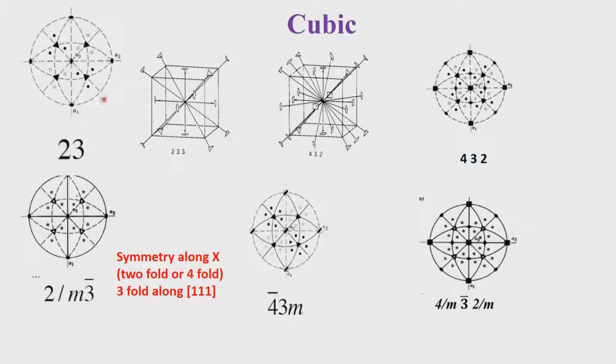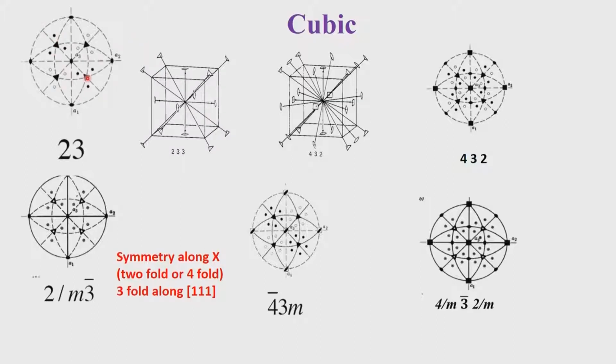Then you will get the entire symmetry that is possible to be marked out on the stereographic projection, and that is why the stereographic projection looks not so easy to understand compared to the previous case. But if you compare this diagram with this diagram, you will start seeing the intersection points which are appearing here as different kinds of rotation axes.